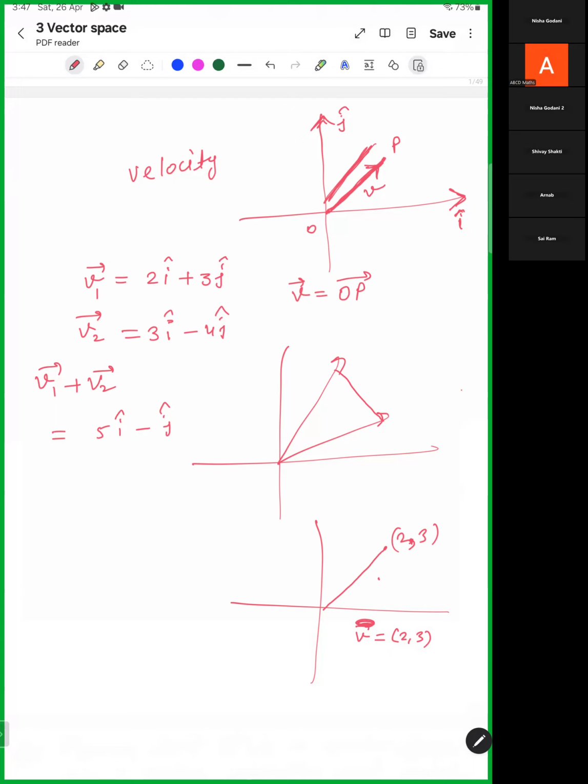So basically if you have a point 2 comma 3, in terms of i and j it is written as 2i plus 3j, like this.